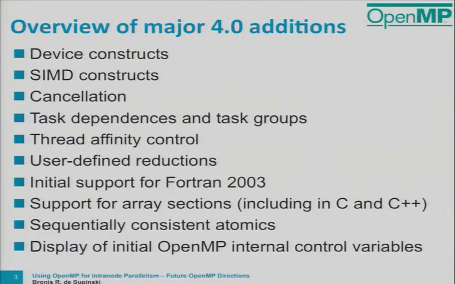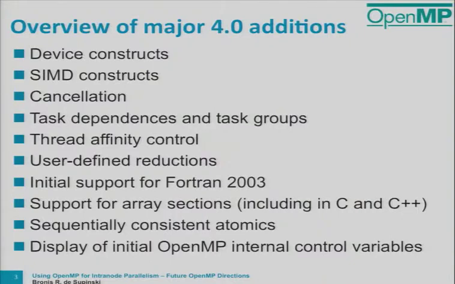Relating to tasks, we added a concept called task groups. So when Paul was going over tasking, he told you about how with barriers you can have this way to synchronize across all tasks within a parallel region. And with task wait, you have an ability to do synchronization at a shallow level, just at the siblings at that level of tasking.